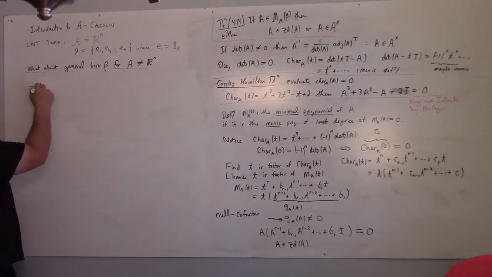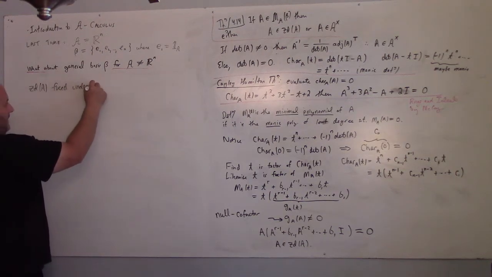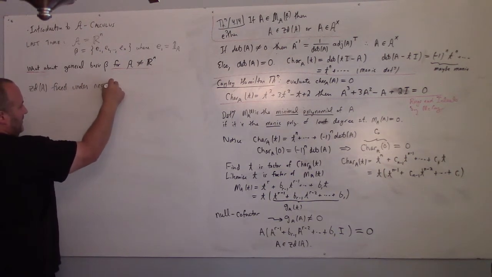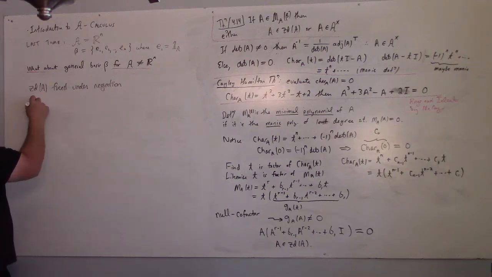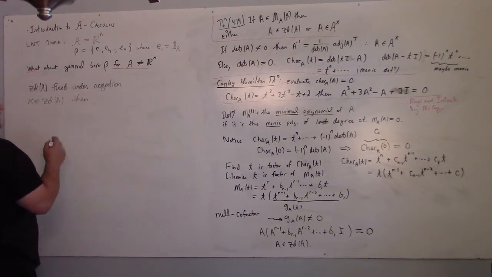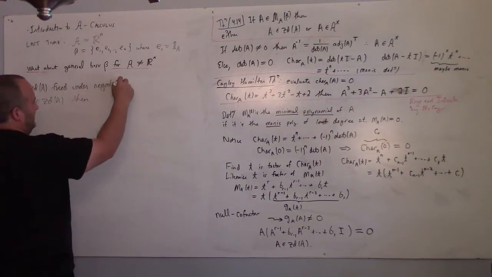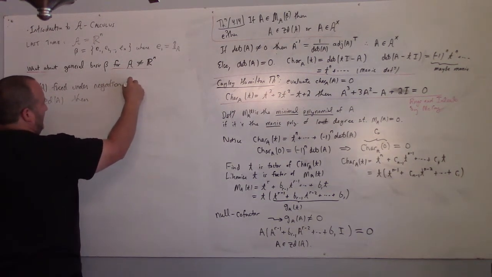The zero divisor set of A is fixed under negation, and by that I mean if x is an element of Z(A), then, in fact it's negation, but you could say scaling.